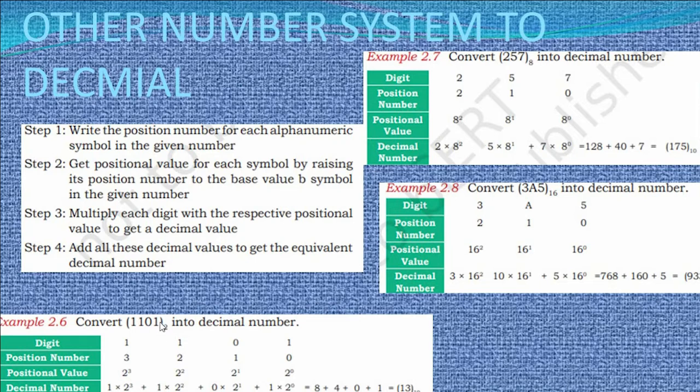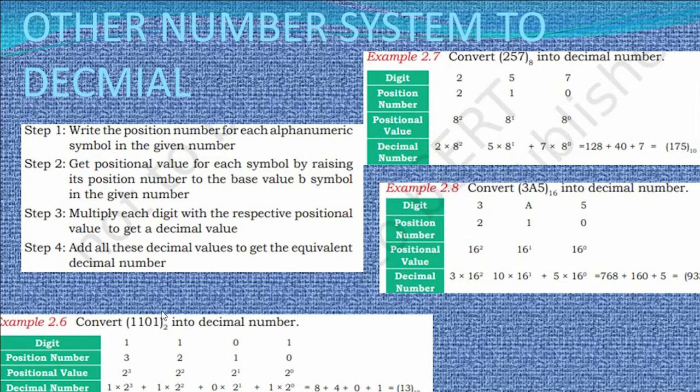And for these types of questions, before the decimal point, we move from right to left, and after the decimal point, we move from left to right. So over here, 1 times 2 to the power 0, plus 0 into 2 to the power 1, plus 1 into 2 to the power 2, plus 1 into 2 to the power 3. That is how we solve the problem.